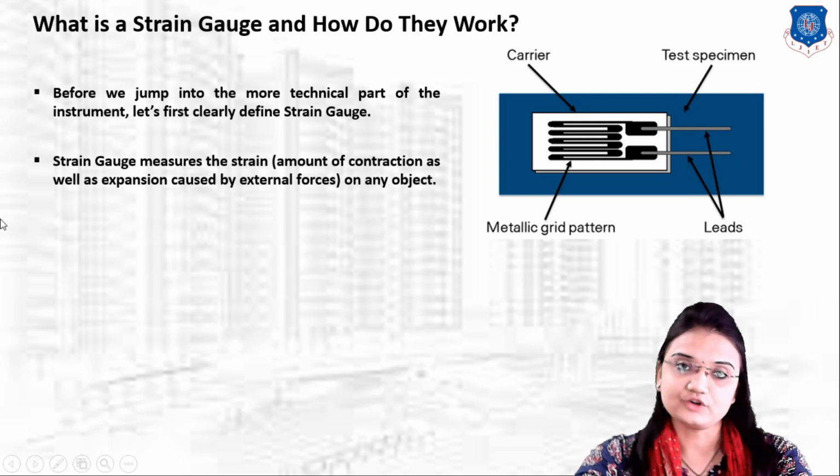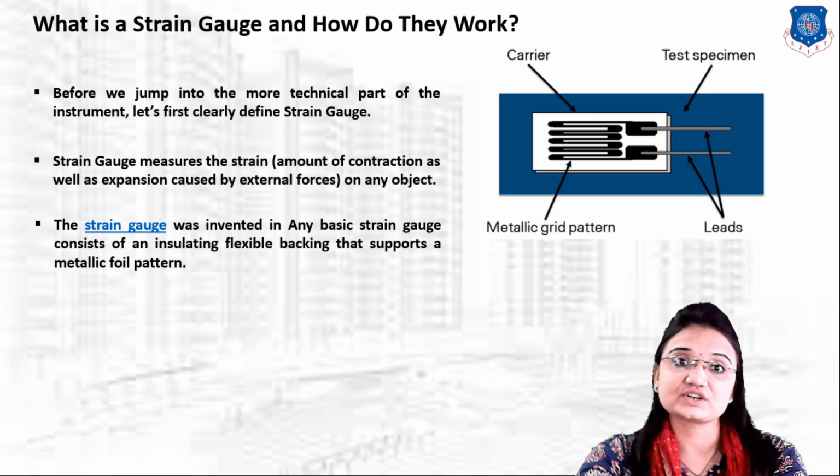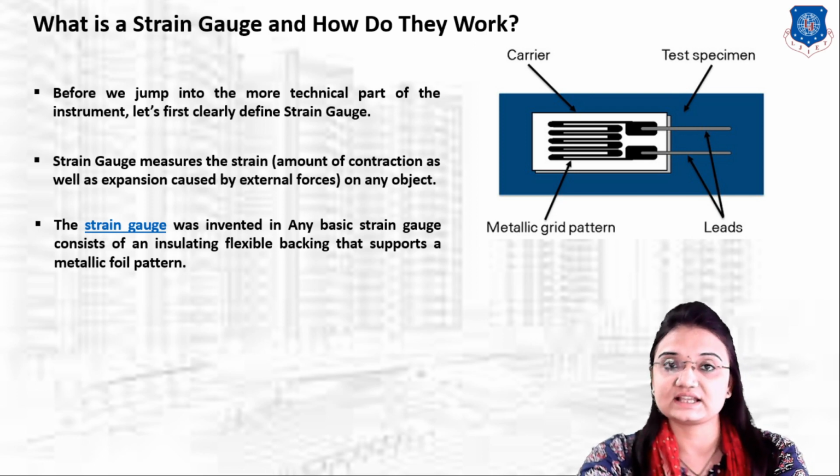A basic strain gauge consists of an insulating flexible backing that supports a metallic foil pattern. You can clearly see it in this image.